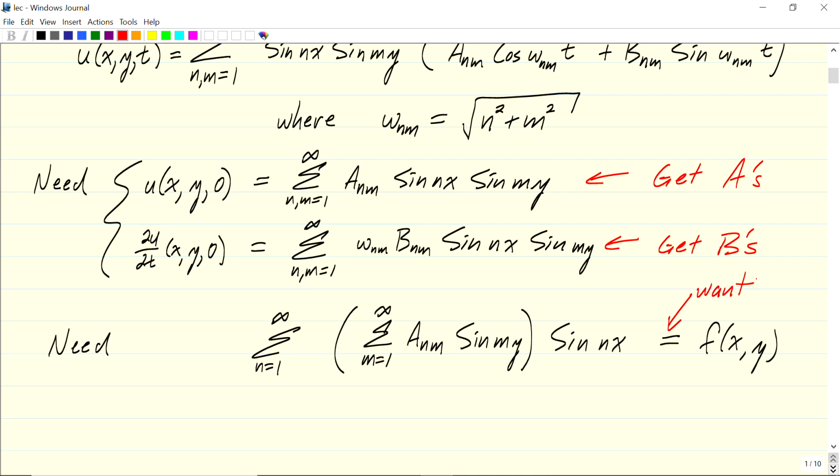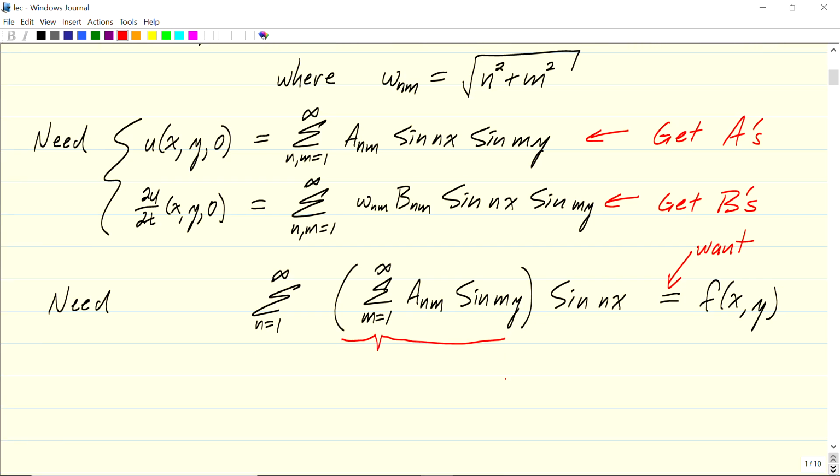And if you look at that, you say, aha, if I hold y constant, that's a regular old Fourier sine series. So this is the Fourier sine coefficient, sine series coefficient for f of x, holding y fixed.